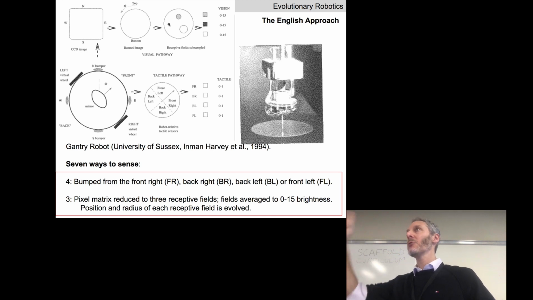So X1, Y1, R1 describes the position and size of receptive field 1. The second triplet, X2, Y2, R2, the position and radius of the second receptive field, and the third one.